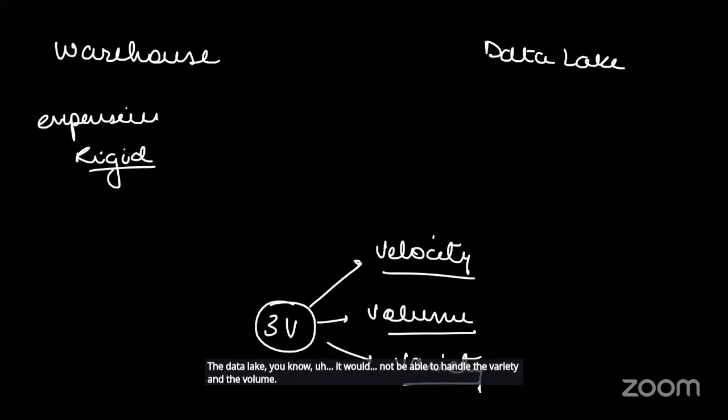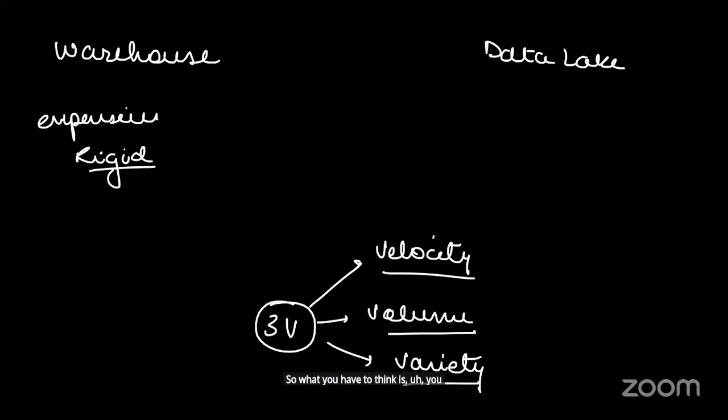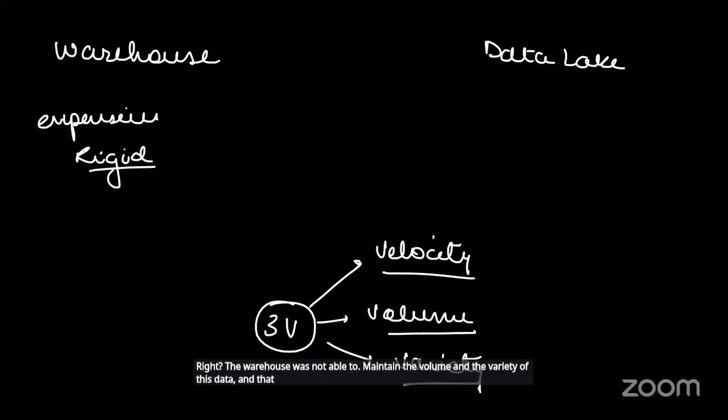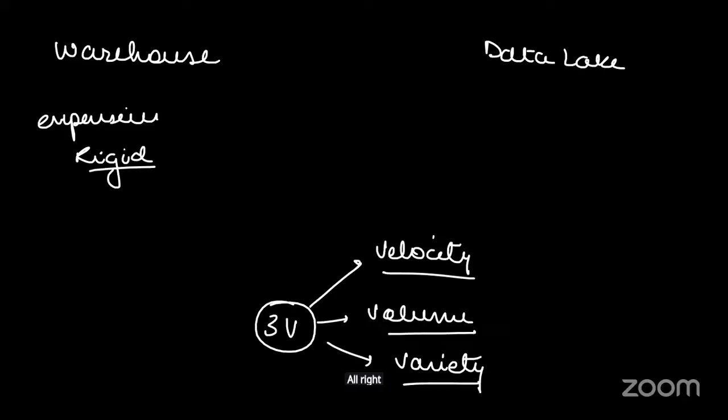All right, sometimes. So what you have to think is, sorry, not the data lake, the warehouse. The warehouse was not able to maintain the volume and the variety of this data, and that is where the data lake has to be created. All right, and the data lake was vast and natural. You can think of it like a natural lake.